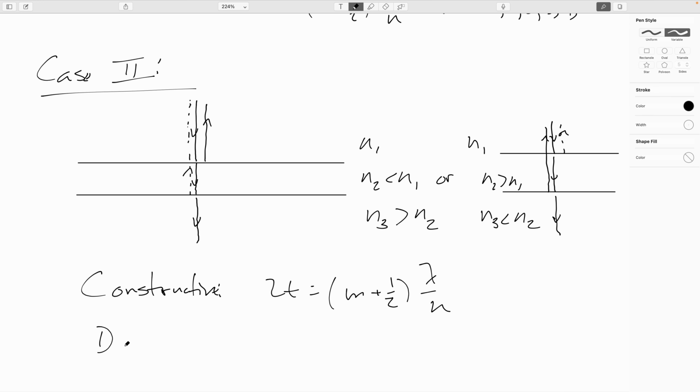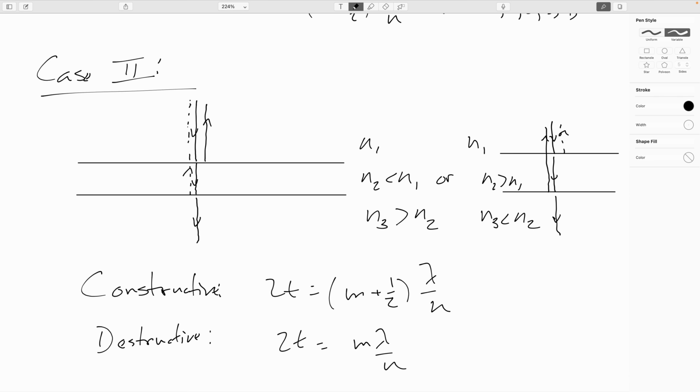And destructive, this is where you would have constructive interference, but for the fact that we changed the phase at one surface. So that will force you to have destructive. So you reverse the situation.